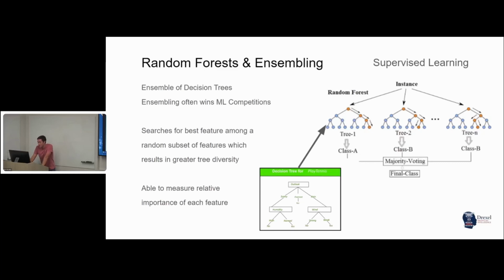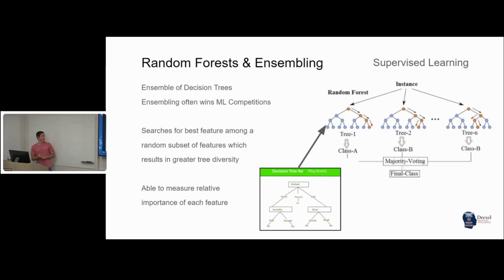The way you ensemble them together is you take a bunch of the decision trees and combine them into the random forest. Then it does majority voting, and it wants to combine the predictions of each of the smaller trees into one big final prediction. Typically it's going to be much better.